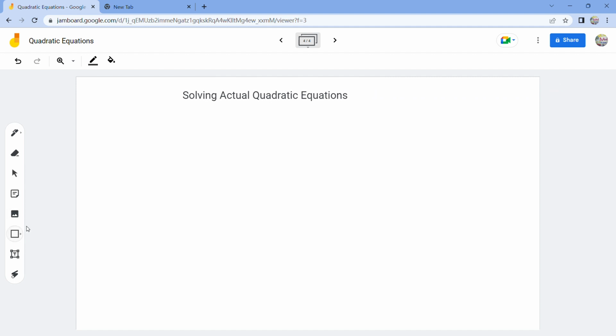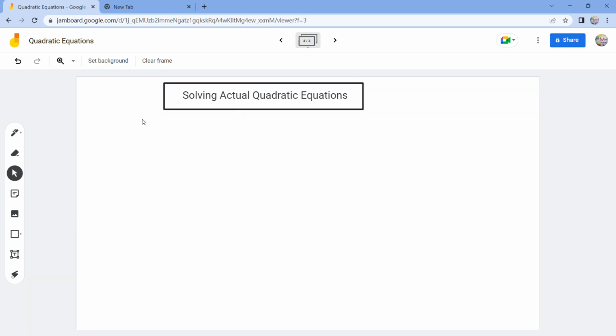Solving actual quadratic equations. Let's put it here. Okay, so solving actual quadratic equations.